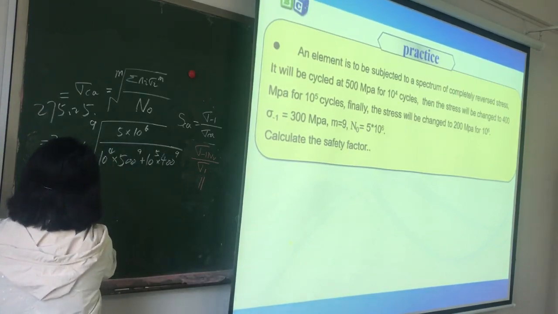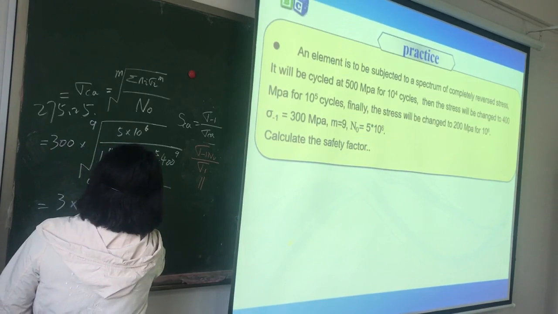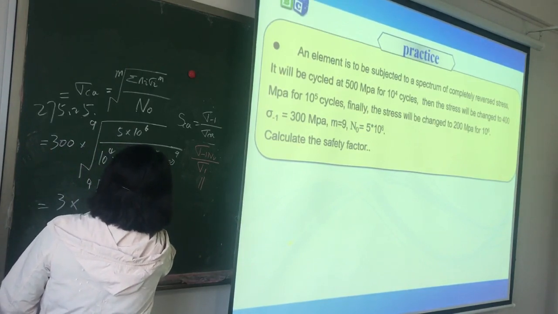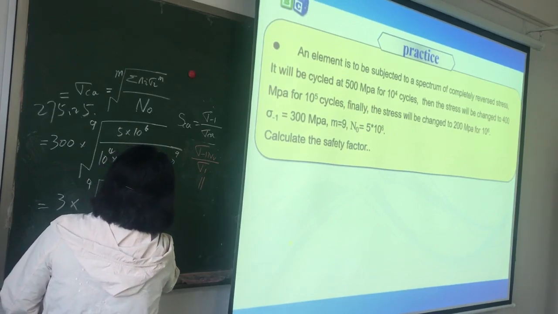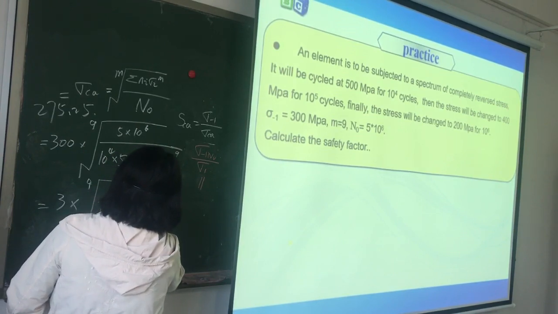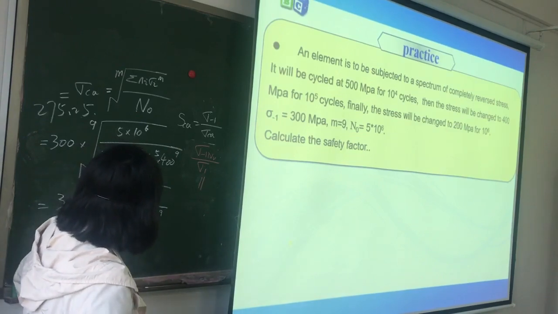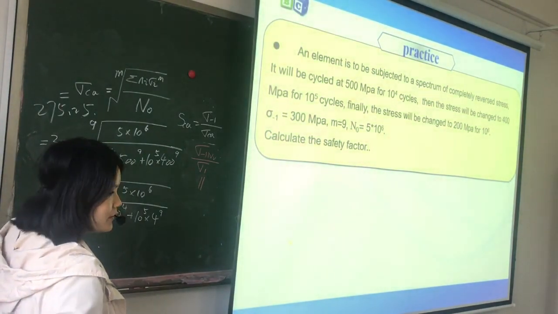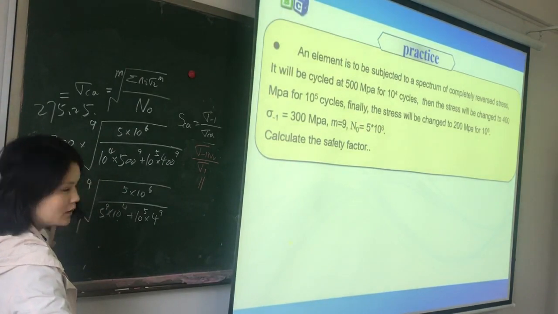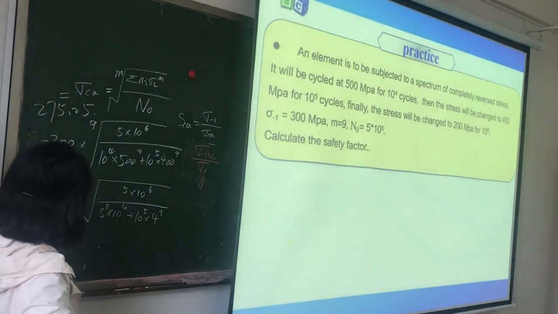The calculation equals 3 times the 9th root. Okay, this can change into this, 300, and this can be 100, divided.